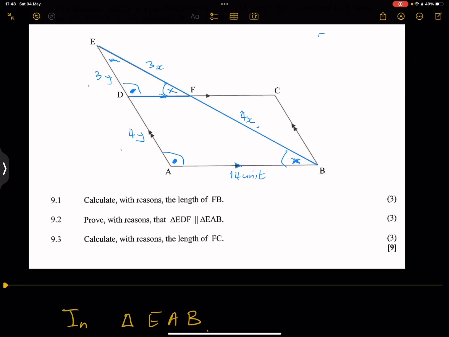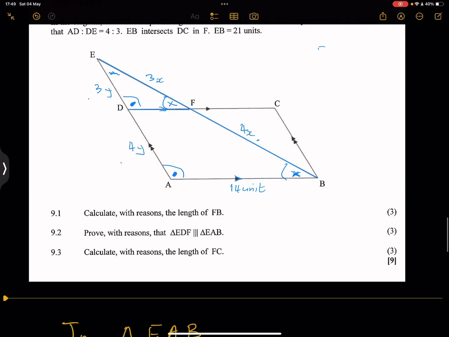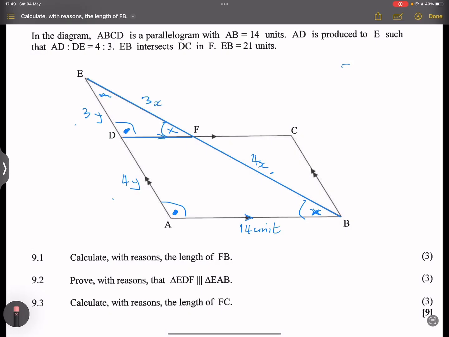All right, so remember we were given that AB is 14 units. Now remember what's going to happen here.